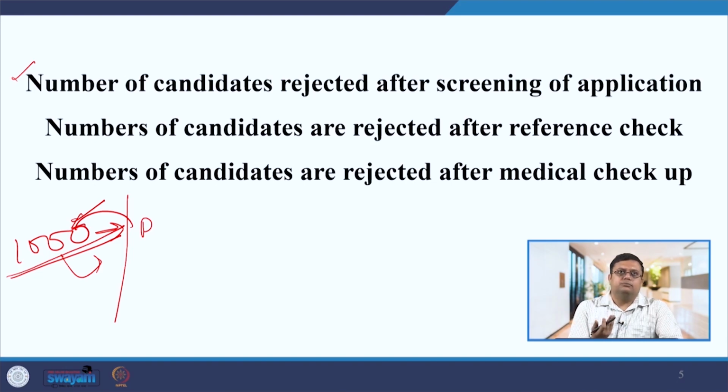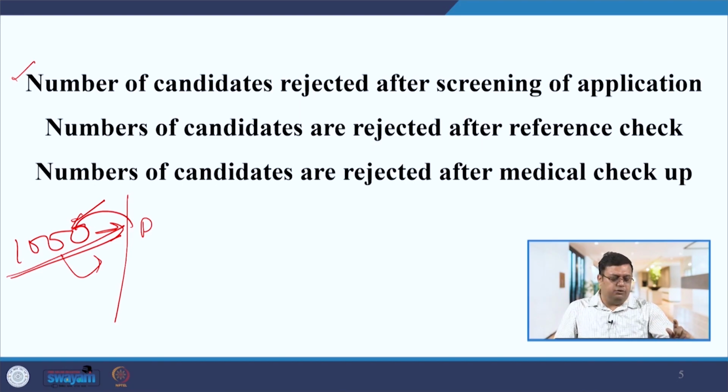You cannot take the interview of 1000 people, because if you want to give an opportunity to all people, it will take time and involve certain cost. You were not expecting to receive 1000 applications for this post, but you received them.